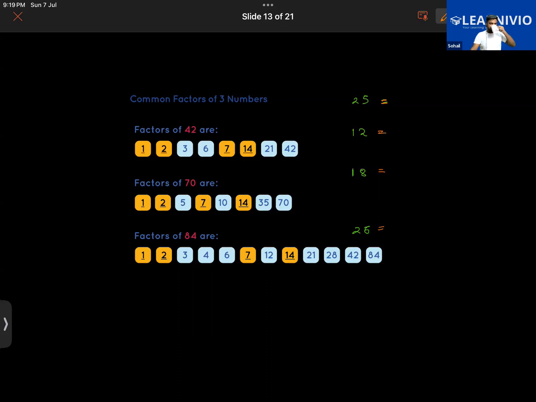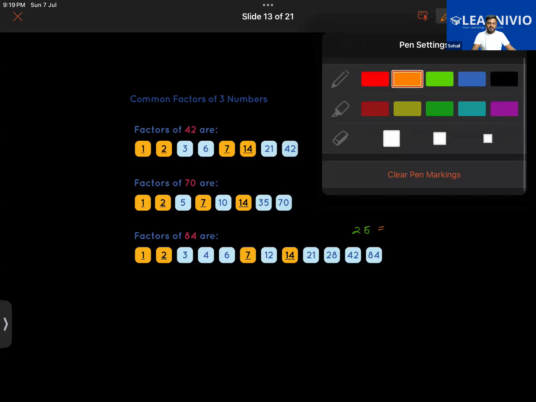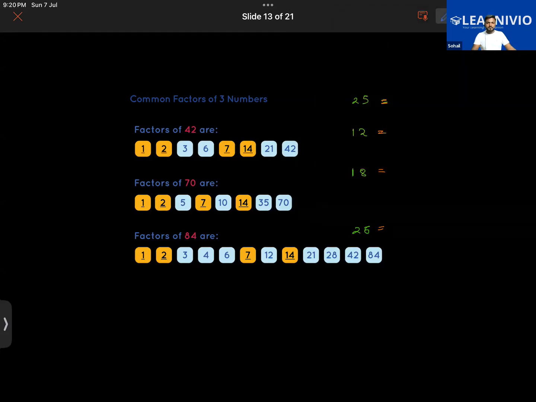Sir, I didn't understand. How will we find the factors? Like 12 and 18, we'll find the factors of 12, then 18, then we'll find their common factors. Then what about 26? Okay, see, just like in the numbers 42, 70, and 84, what has been done here?